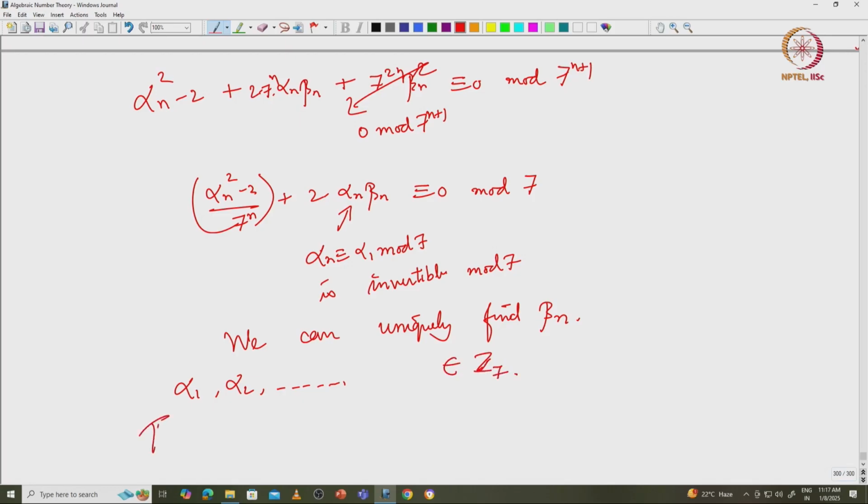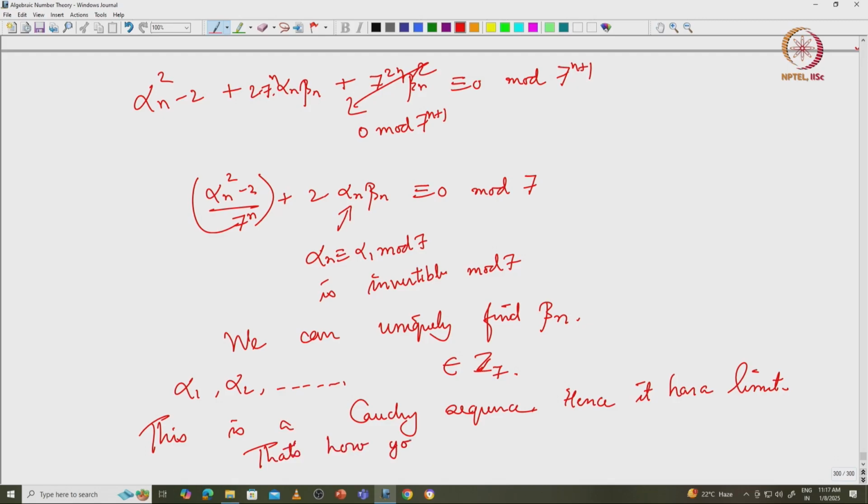Now, we have a sequence alpha 1, alpha 2 and so on in Z7, and this is a Cauchy sequence. Hence, it has a limit because Z7 is complete. That is how you get alpha in Z7 such that alpha squared minus 2 is equal to 0.